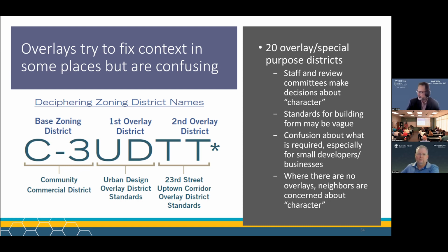So we're looking at ways to flatten all of that and to bake all of these design standards into the base districts, so that we have one place we need to turn to see what all of the regulations in a zoning district, or a zone, I'm sorry, Marilyn, not a zoning district, a zone, are. So we're also trying to make all of these regulations as predictable as we can. We're going to add a lot of graphics to this new code, so you can look at a base district and see what development outcome the city expects there.